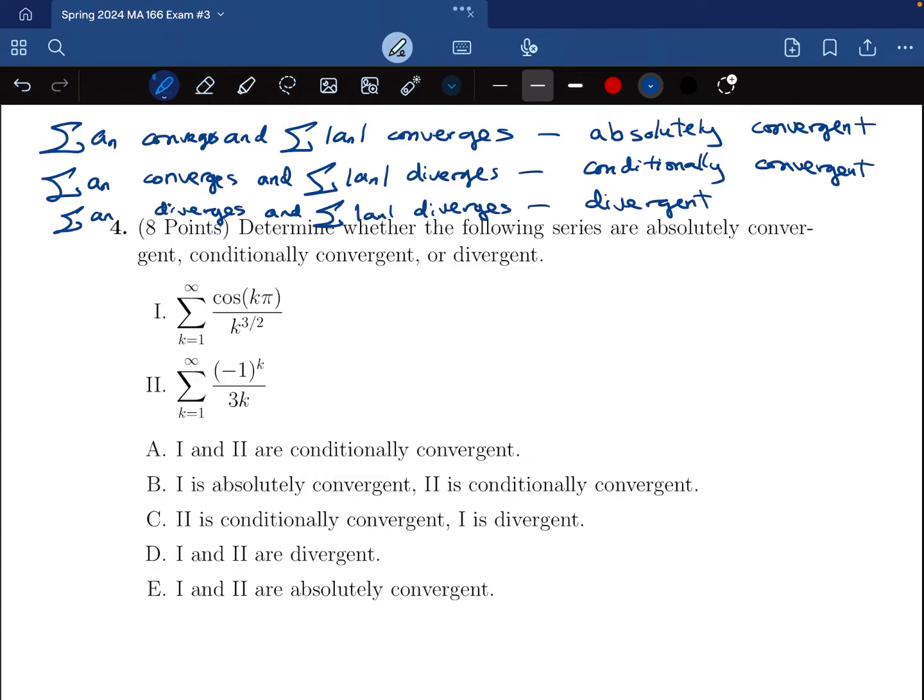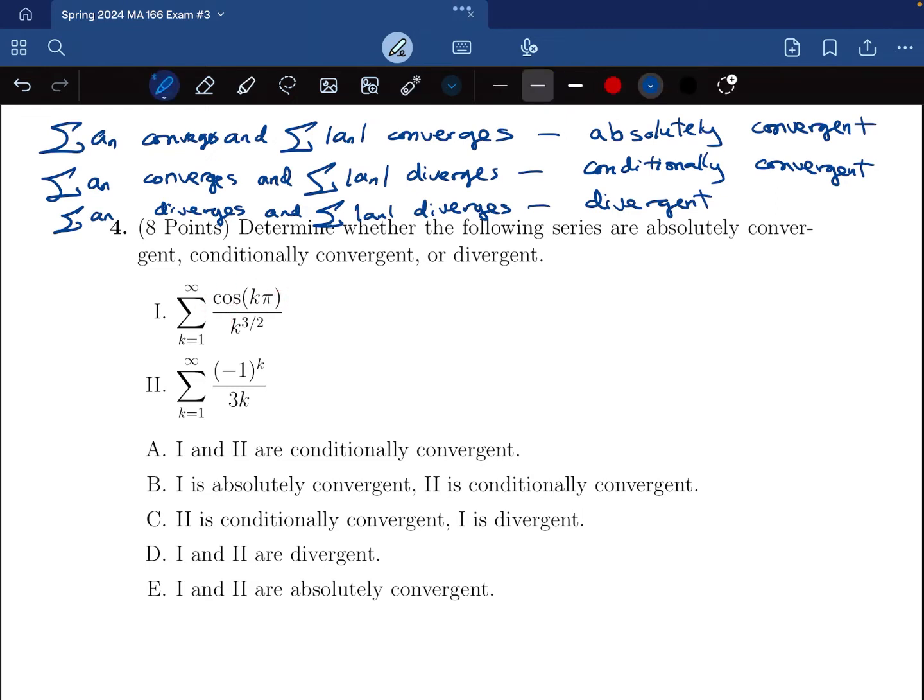So let's start by taking a look at series 1. You'll notice that normally we're given something like we have here in series 2, which is -1 to the power of k, and this explicitly indicates that we have an alternating series. But in this case, we don't have that.